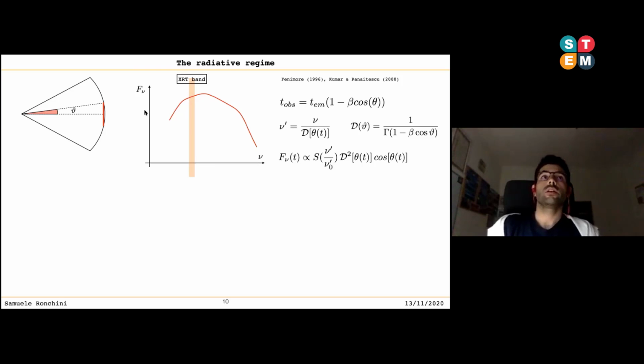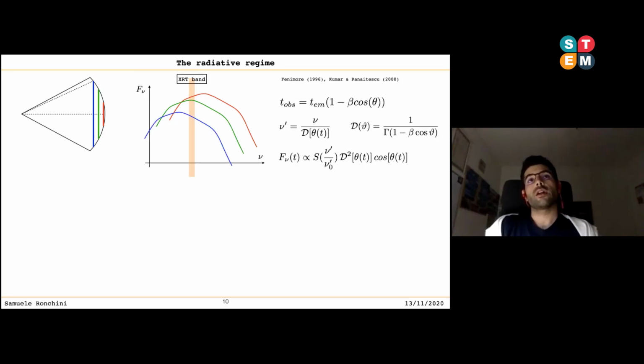The observer at the beginning observes the emission coming from the core of the jet, and for larger times, he receives the photons coming from larger angles, but these photons at the same time are less boosted due to the Doppler factor dependency on the angle theta. So the effect is that the flux is dimmer, but also the spectrum is systematically redshifted in the observer frame.